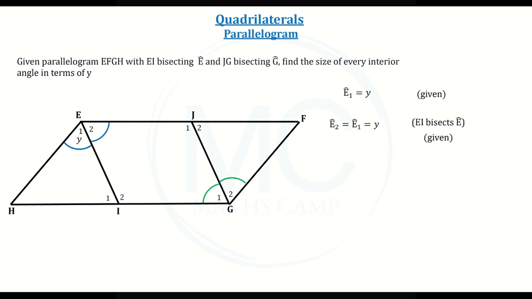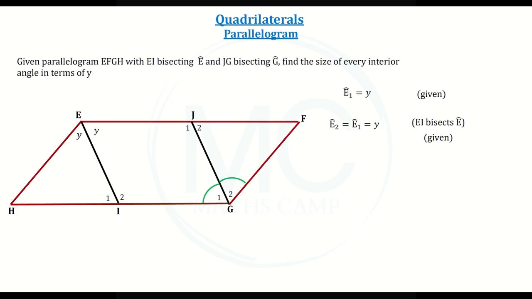Now on our diagram, let's clean up angle E1. We know that E1 is Y, so we can fill in Y. We also know that E2 is equal to Y, so let's clean up this angle and write Y on our diagram as well. Now the question tells us that EFGH is a parallelogram, so let's make the whole shape red.